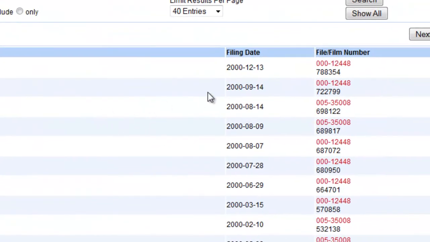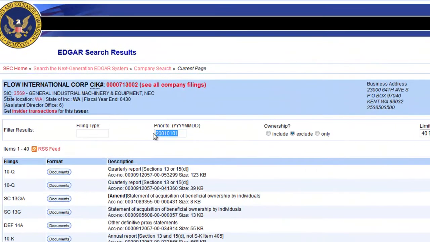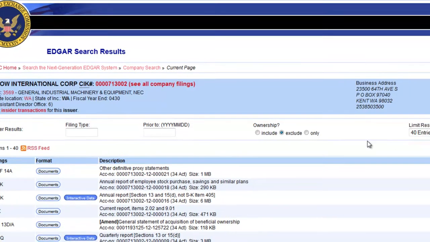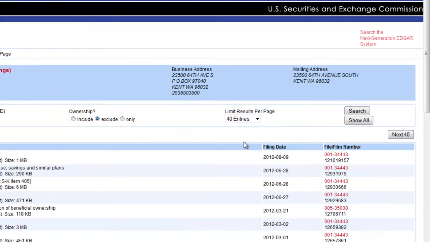So the most recent document that was filed was December 13th, 2000. So like I said, I don't really use this feature a lot at all. Actually, I don't use it at all, because if I want to find the forms filed prior to a certain date, I just use next, next, next until I get to where I want to be.